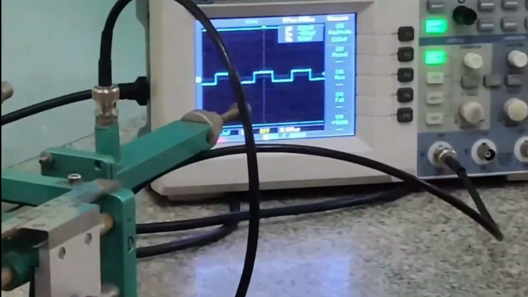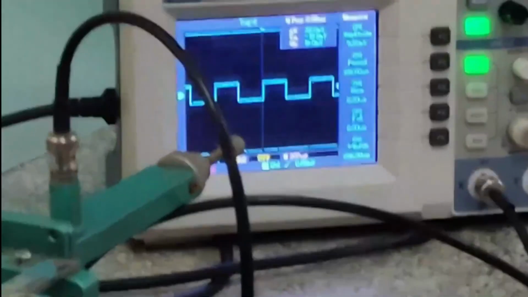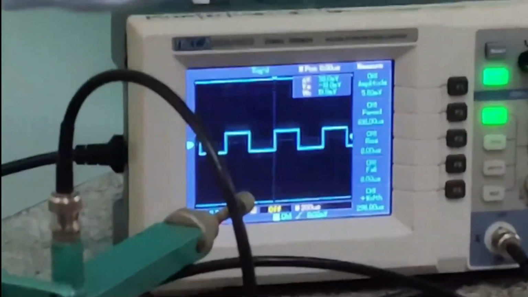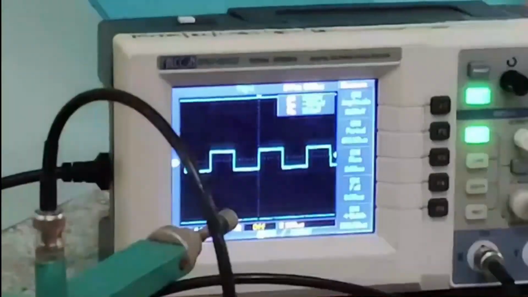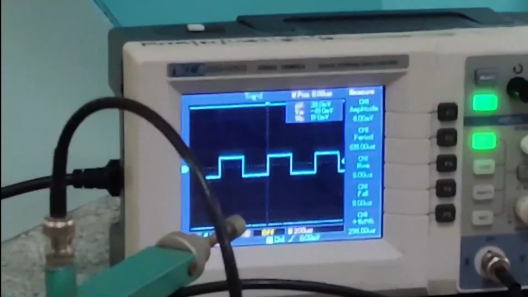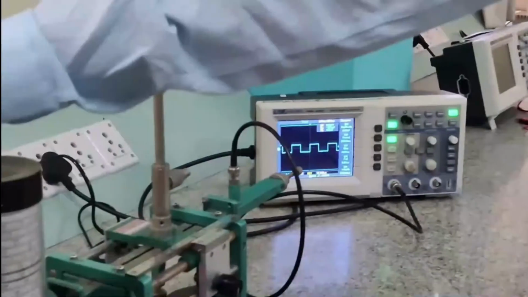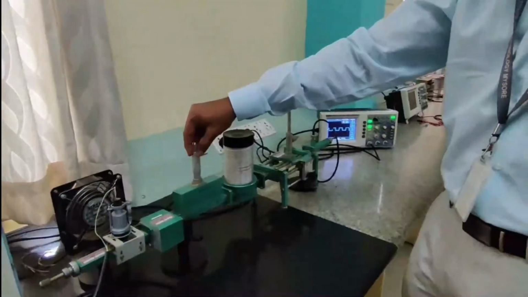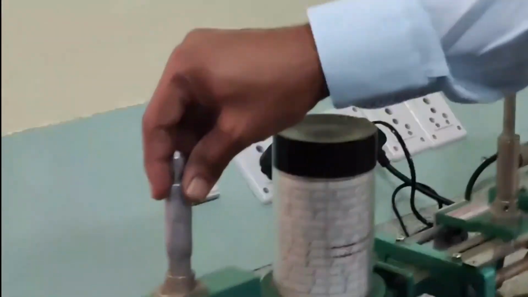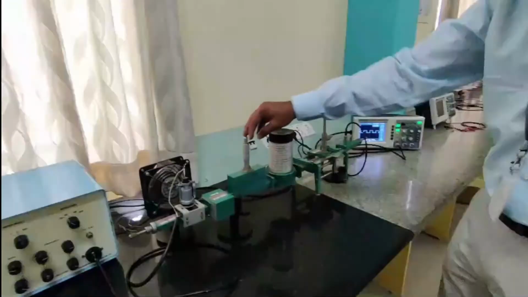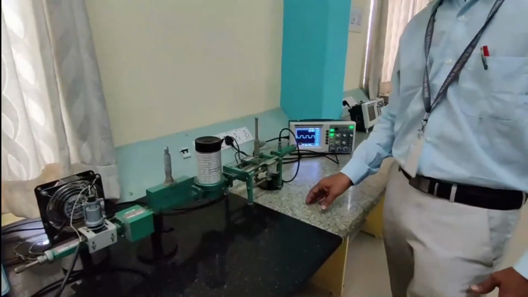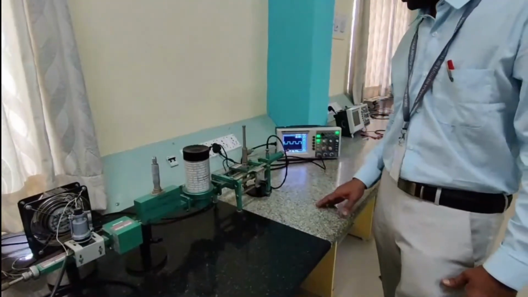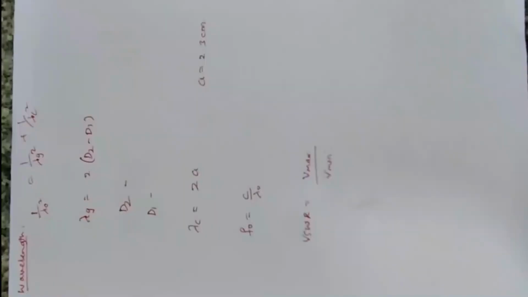As you can see, it is attenuated now. If I rotate in the other direction, the signal comes back to the normal level. So we can variably attenuate the signal using this screw gauge arrangement, or variable attenuator. That's the first part of your experiment 5.